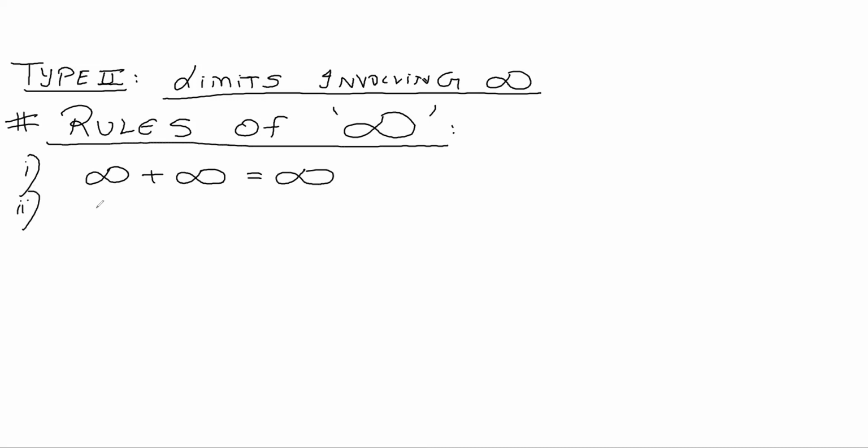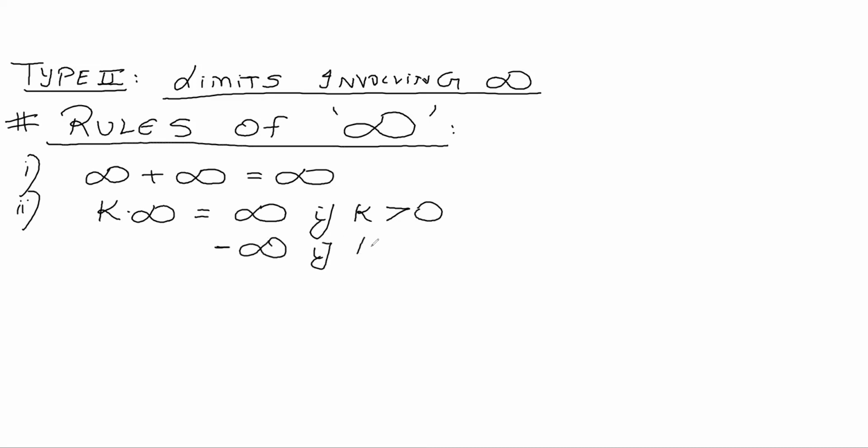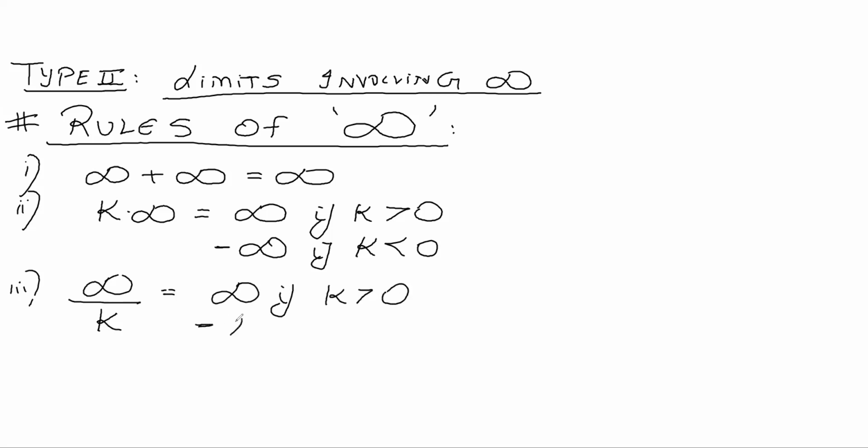Second rule, k into infinity, where k is a constant, will be equal to infinity if k is greater than 0 and minus infinity if k is less than 0. Third rule, infinity upon k will be equal to infinity if k is greater than 0, minus infinity if k is less than 0, where k is a constant.